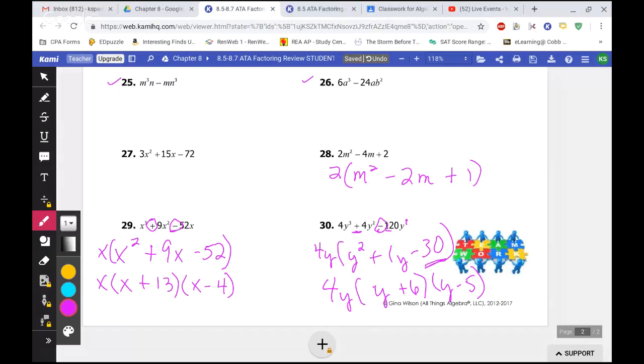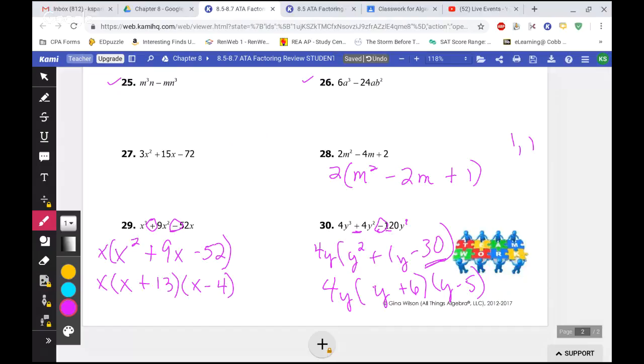So I'm looking for the factors of a positive 1 that when I combine them, give me a negative 2. Well, I know in order to multiply something to get a positive, I have to multiply either 2 positives or 2 negatives. So I know the only factors of 1 are 1 and 1.